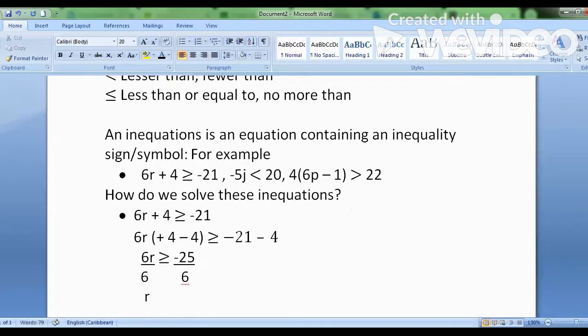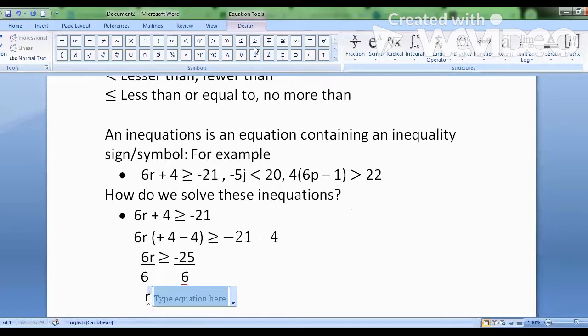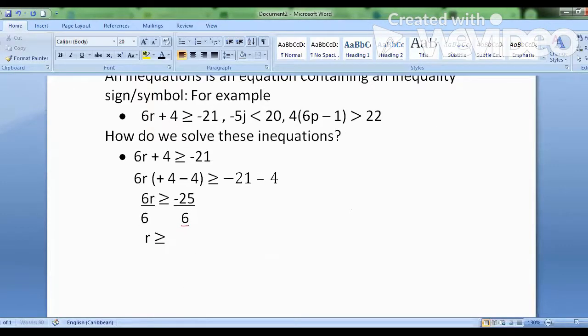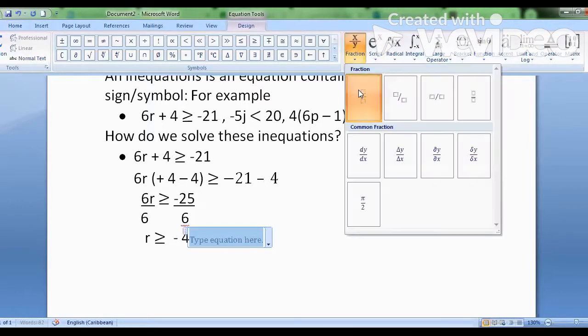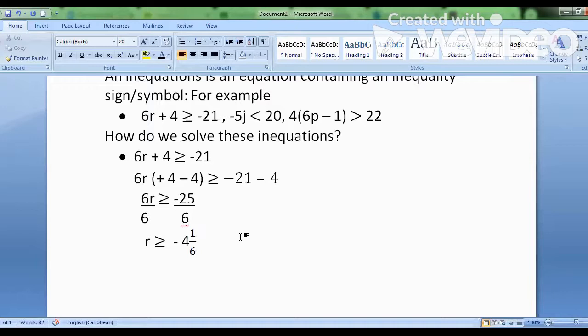So R is greater than or equal to, what is this as a mixed fraction? It will be negative what? How many groups can you get out of 25? 4. 4, true. Negative 4 and 1/6. That's the answer.